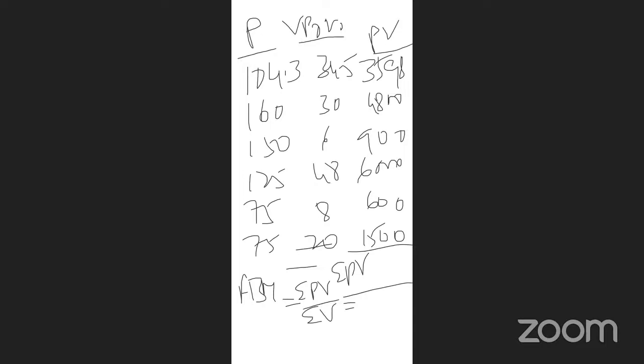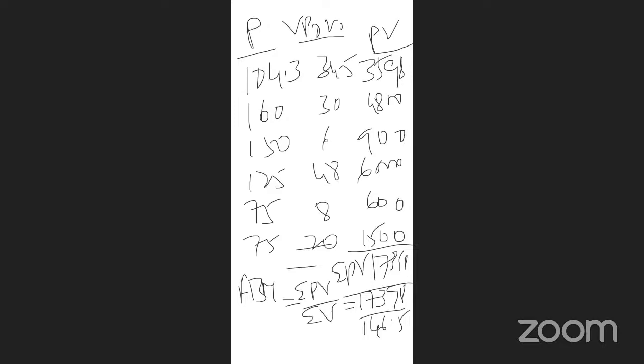So now 3598 plus 4,800 plus 900 plus 6,000 plus 600 plus 1,500 comes to 17,398. 17,398 divided by 34.5 plus 30 plus 6 plus 48 plus 8 plus 20, which comes to 146.5.